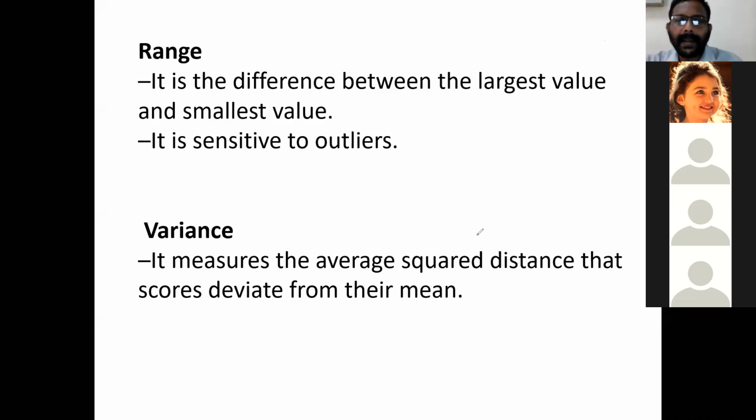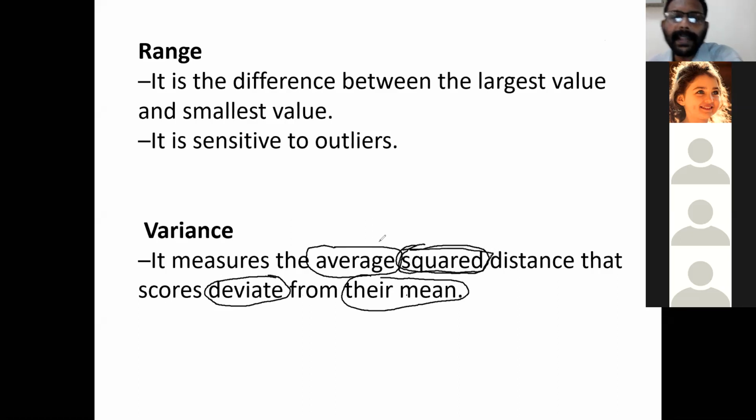So it measures the average deviations. Some of the key terms: deviation from their mean. So these 4 keywords are very important. It is measuring the deviation from the mean. After that, it has been squared. So these are some of the keywords here.